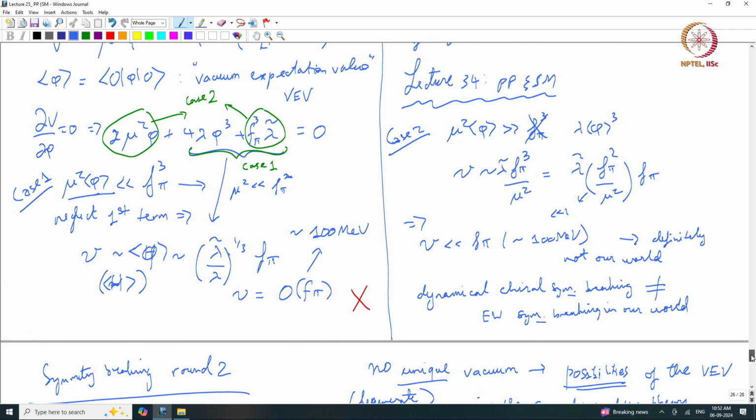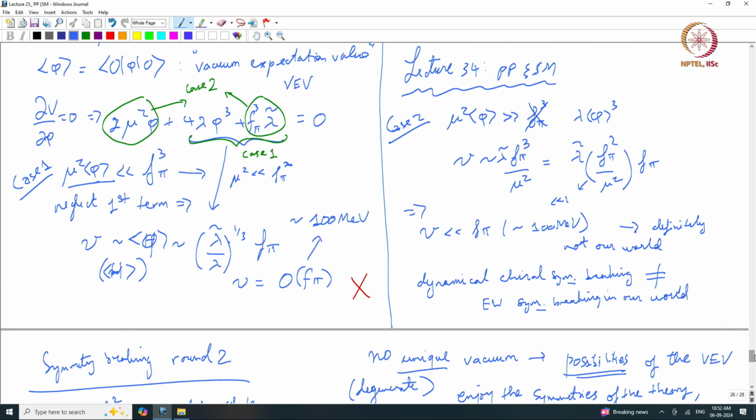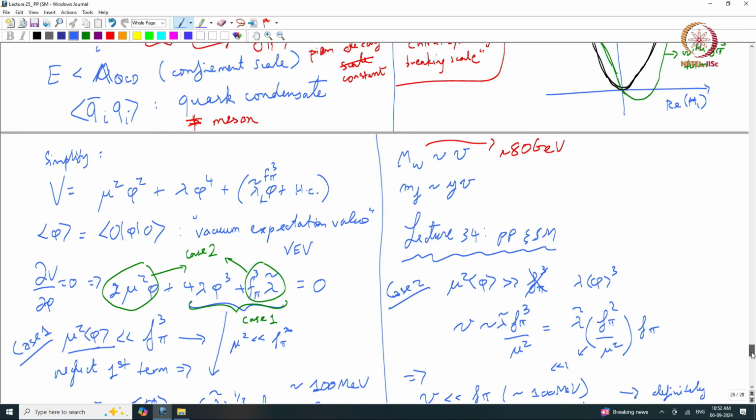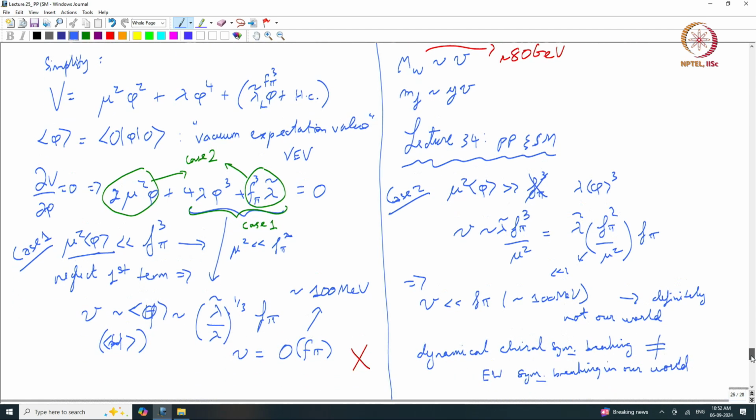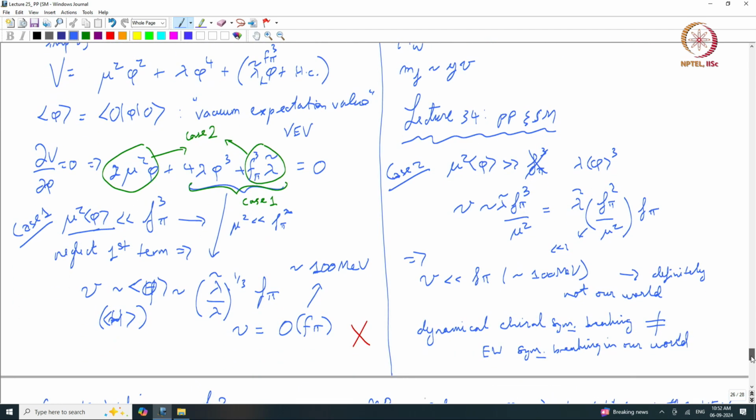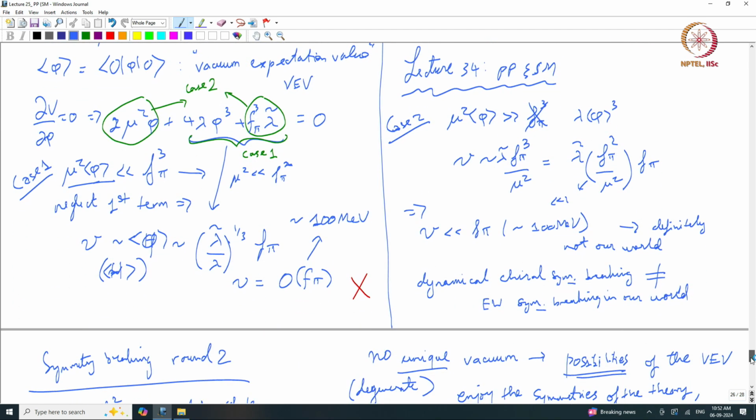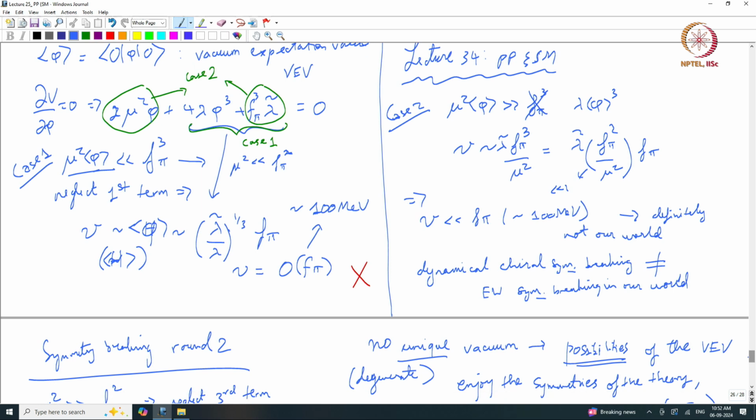We finished up on what could have happened if we had had dynamical symmetry breaking that explicitly broke electroweak symmetry, right. The dynamical symmetry breaking coming from chiral symmetry breaking, and then we saw that if that had happened we would not be getting the correct masses for the gauge bosons and the fermions, right.